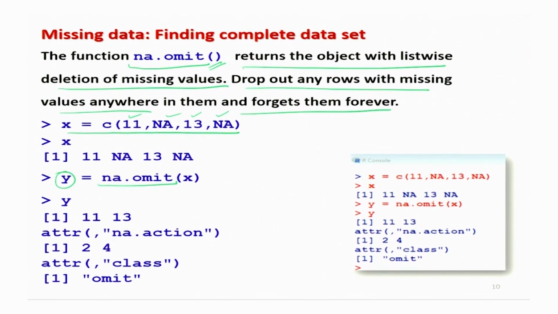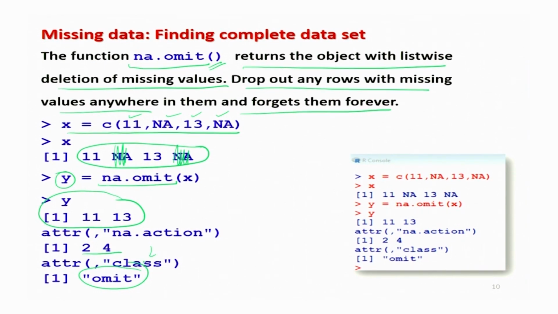What I am saying is, I have a data vector x like this, and I am asking please omit NA and bring the data which is complete. That means please bring the data after omitting the NA values. Now you can see this outcome comes out like this: 11, 13, and it has two attributes which say 2, 4. That means out of 4 values 2 are missing, 2 have been removed, 2 are available, and then this omit operation has been classified from the class, because the class is omit.